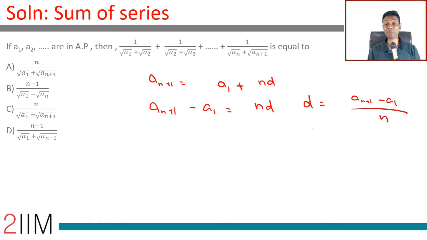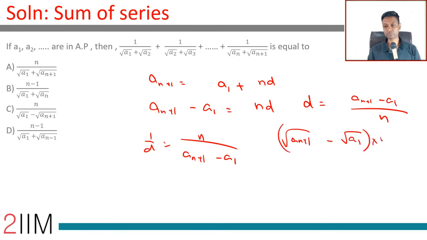We want 1 by D, which is n by An plus 1 minus A1, so our expression is square root of An plus 1 minus square root of A1 into n by An plus 1 minus A1.